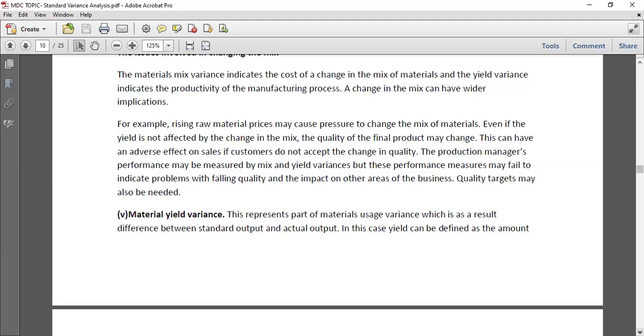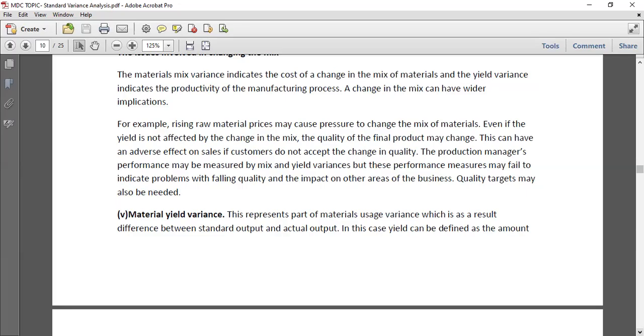Like you expected to get, out of, let's say, a mixture of 10 kgs of cement and 40 kgs of sand, 50 kgs of bricks, but you rather got 45 kgs of bricks.